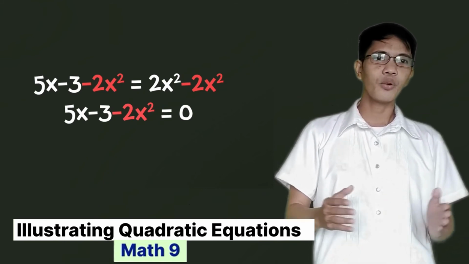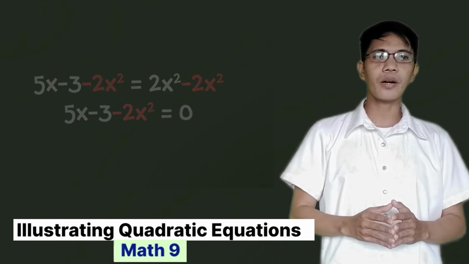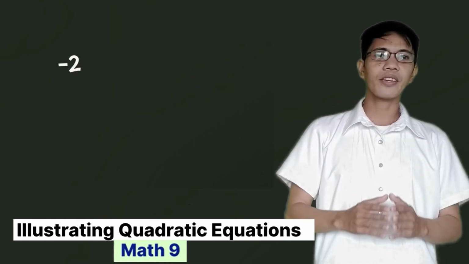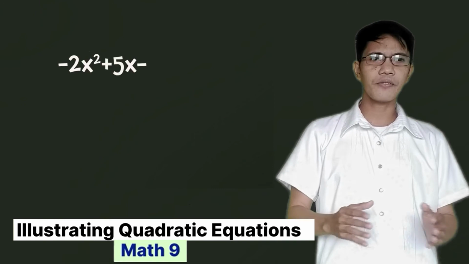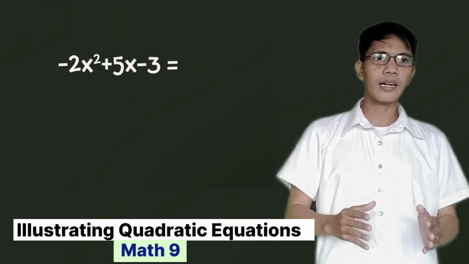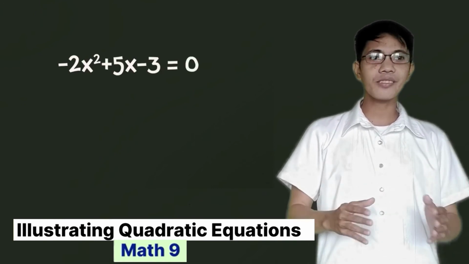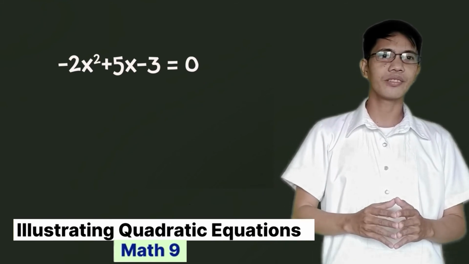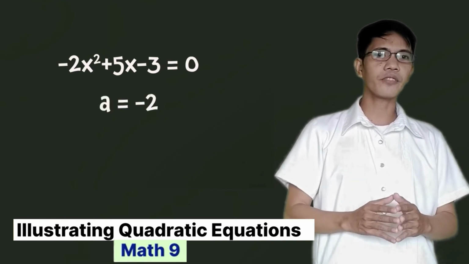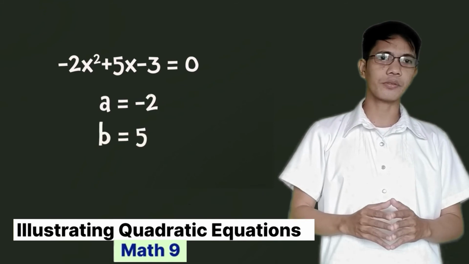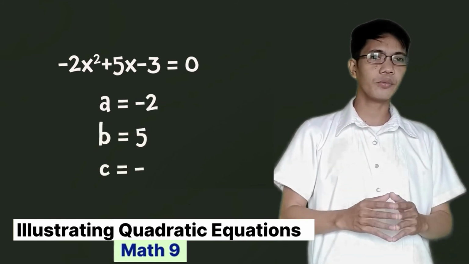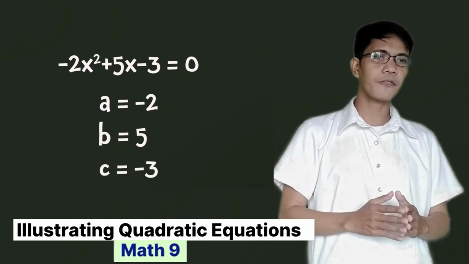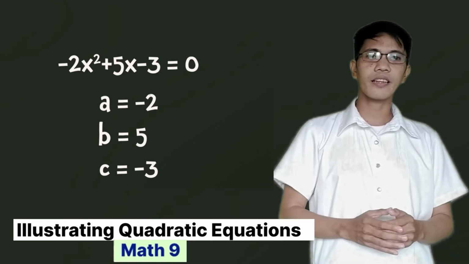Then, we arrange the terms in descending powers. Hence, the equation is negative 2x squared plus 5x minus 3 equals 0, where the values of the coefficients are as follows. a equals negative 2, b equals 5, and c equals negative 3.